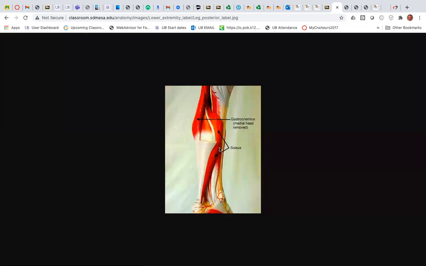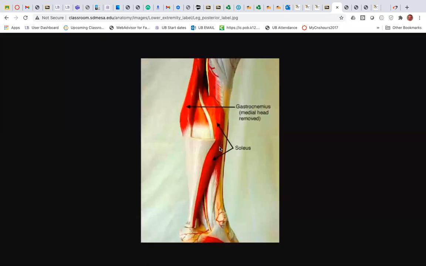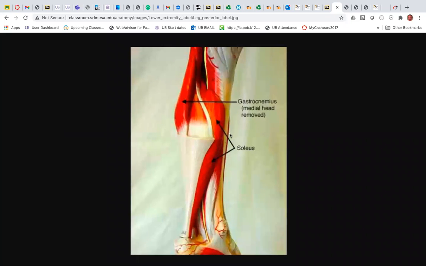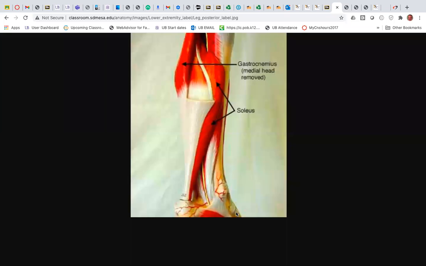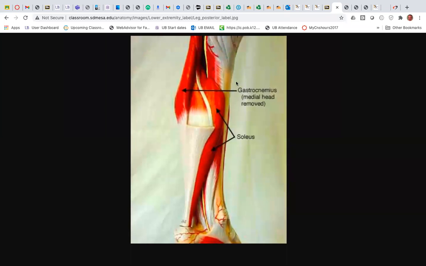Let's take a look at the same view, but now what we're doing here is the great toe. So right here, what they took away is the gastrocnemius medial head, okay? So the arrow that's pointing to here should really be here, right?